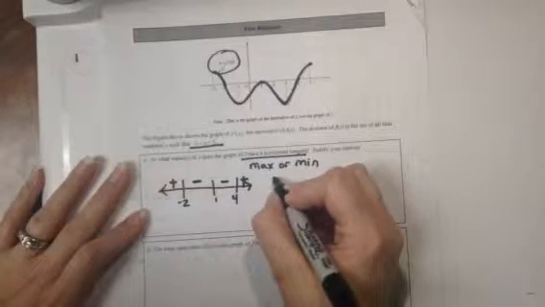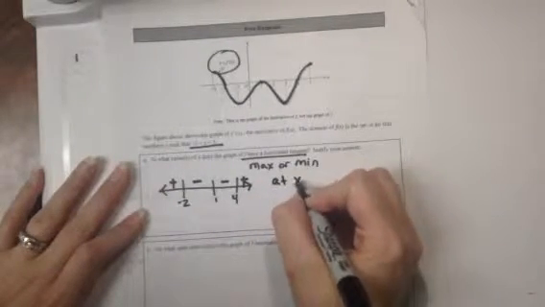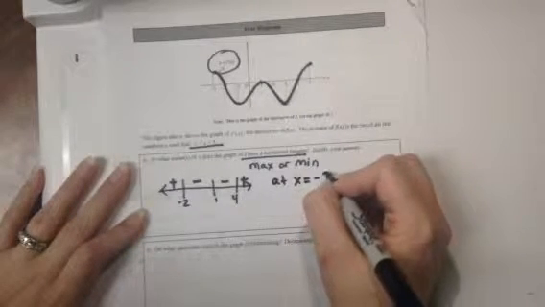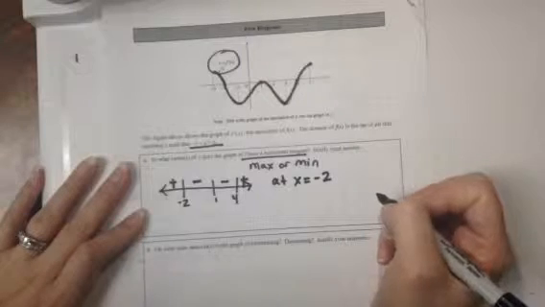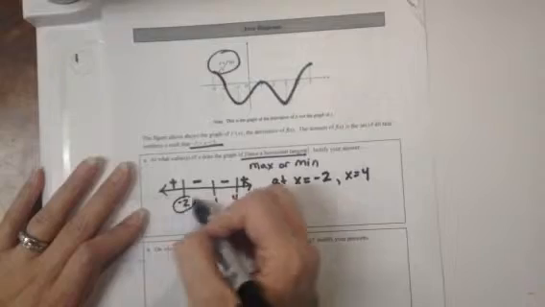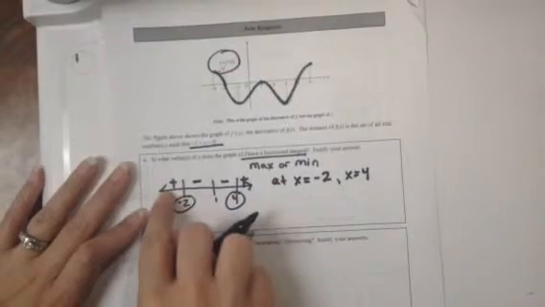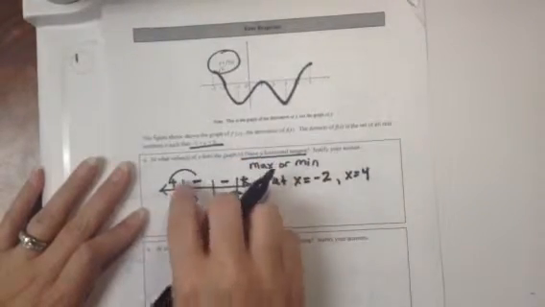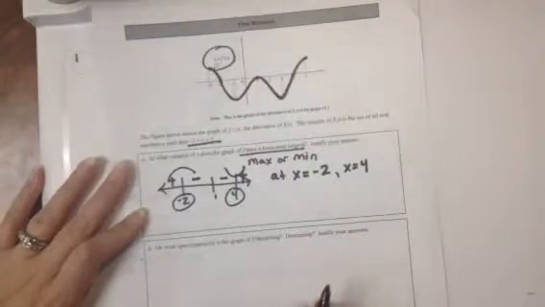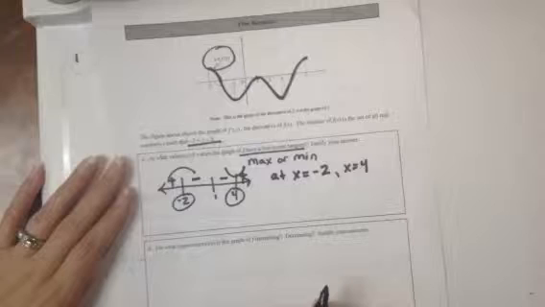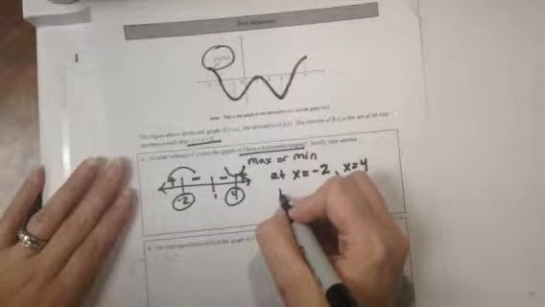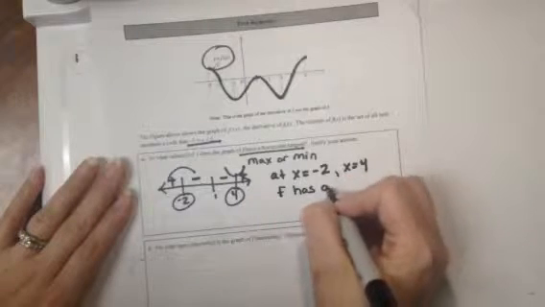That is going to occur at x equals -2 and at x equals 4, because that's where there is a max or a min. It's increasing to decreasing, there's a max, and then decreasing to increasing, there's a min. So at x equals -2 and 4, that is where f has a horizontal tangent.